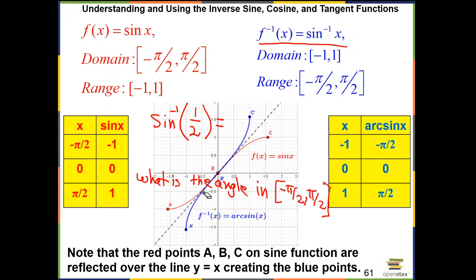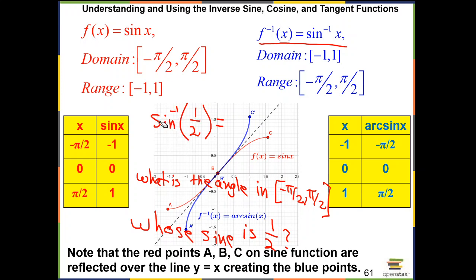So what is the angle in this restricted domain whose sine is 1/2? That's the question you're answering.